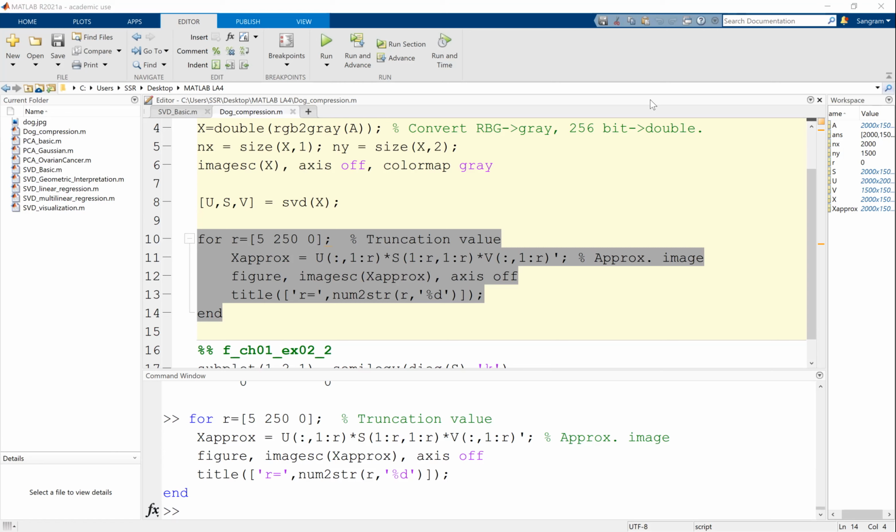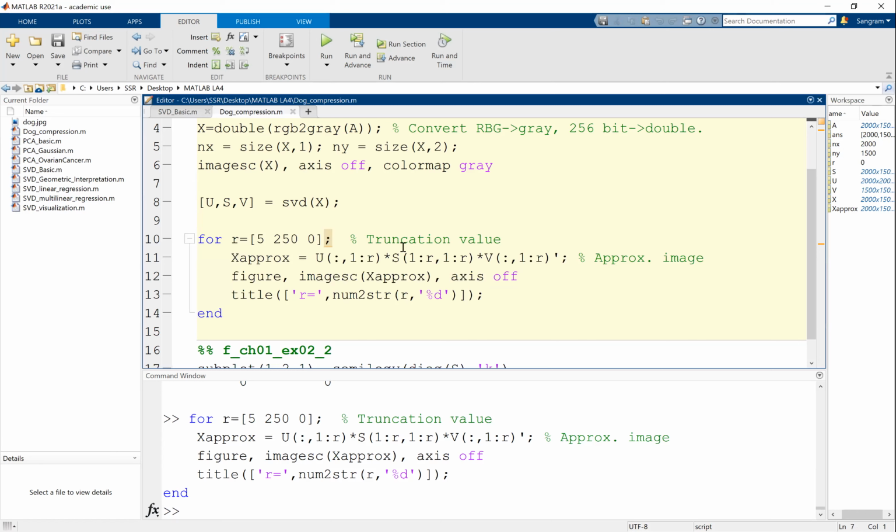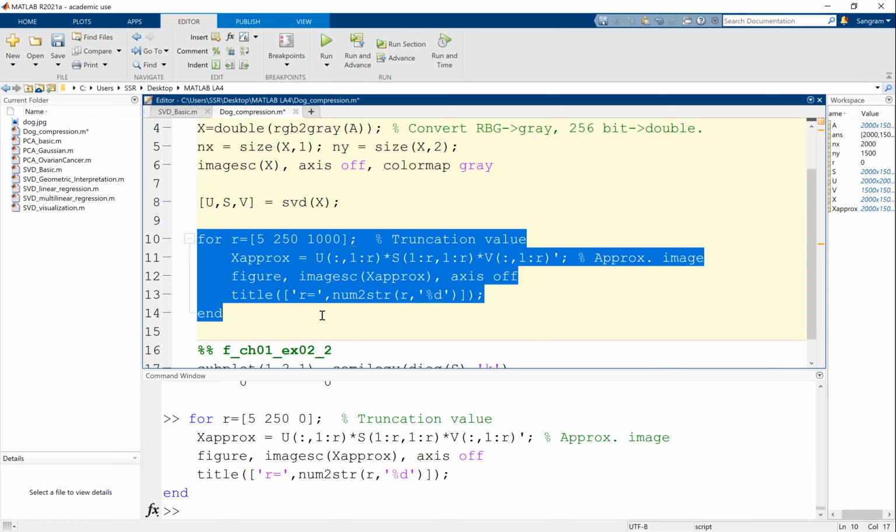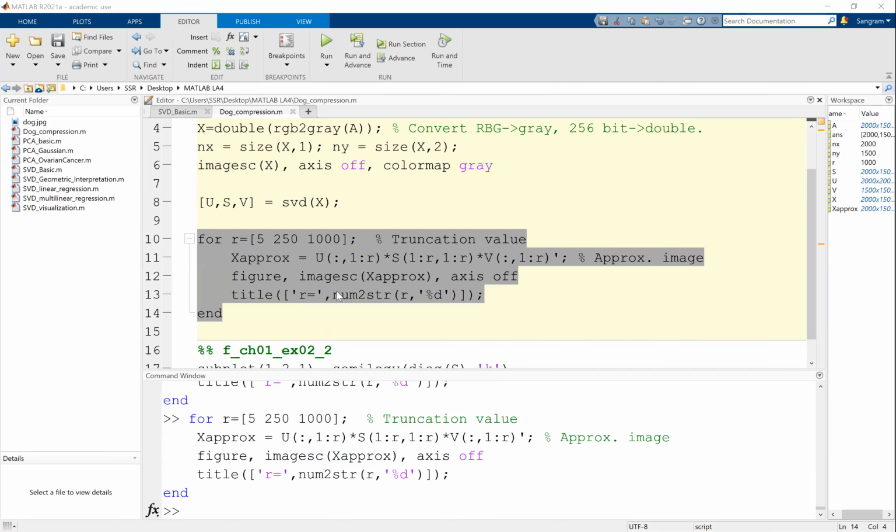Again, you need to convert this into RGB, but basically, if you were to do the first 250 singular values, then you are going to get some additional features as you start increasing. As you start increasing the number of singular vectors and singular values, you will see that more and more details become evident.